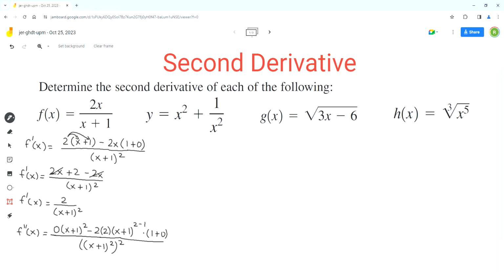Now we have to simplify this expression. So we get f double prime of x equals, so 0 times (x plus 1) squared will become 0 because 0 times anything is 0. And then in the second part, we'll have 2 times 2, which is 4.